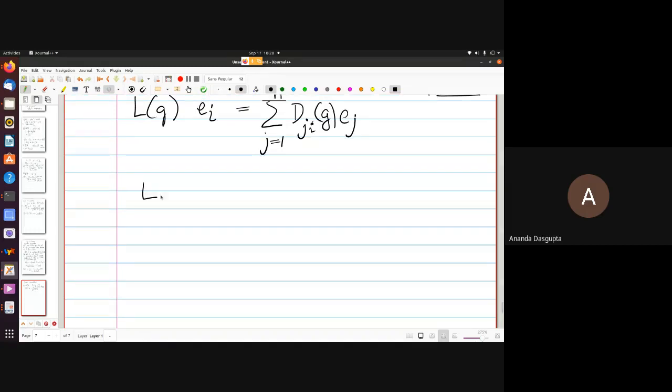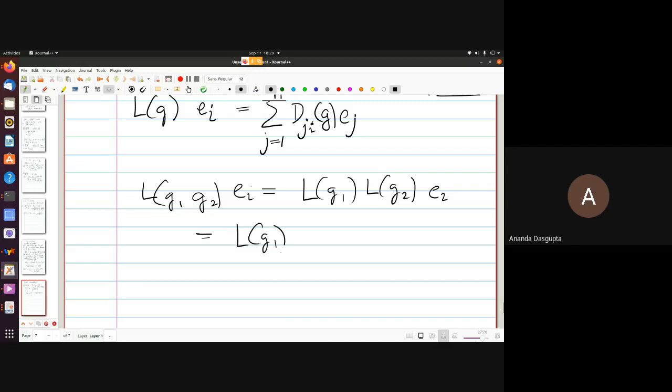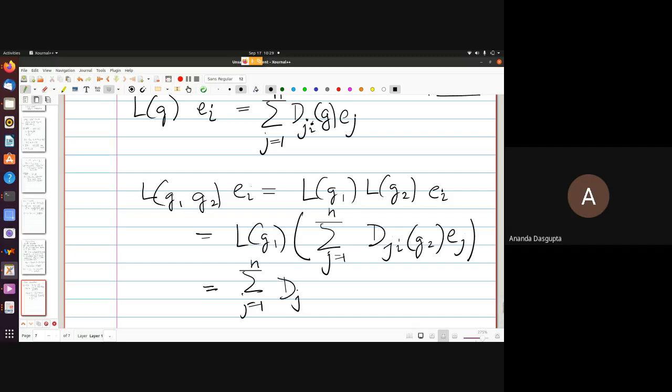And you know why? Because if you have this, then L of G1 G2 acting on Ei, which is of course LG1 LG2 acting on Ei, will be LG1 acting on the sum over j equals 1 to N of D_ji of G2 times Ej. But LG1, being a linear operator, can safely jump across these numbers and hit Ej. These numbers simply stay as they are.